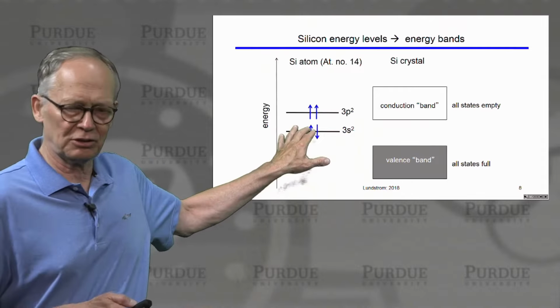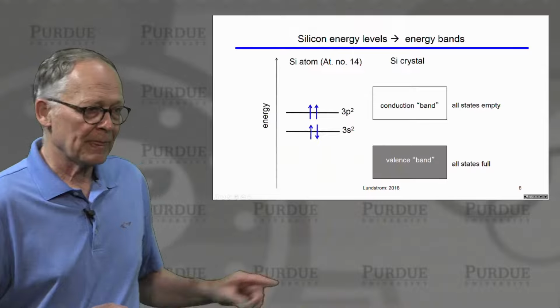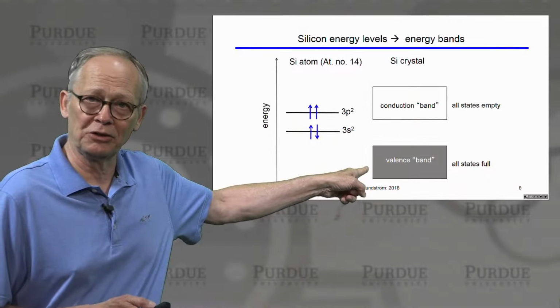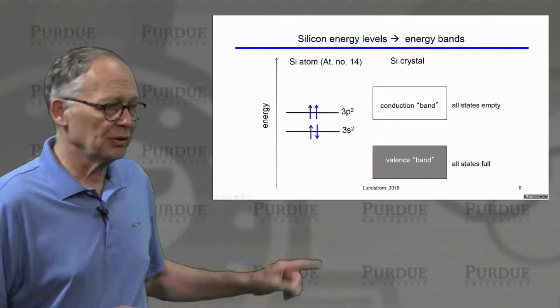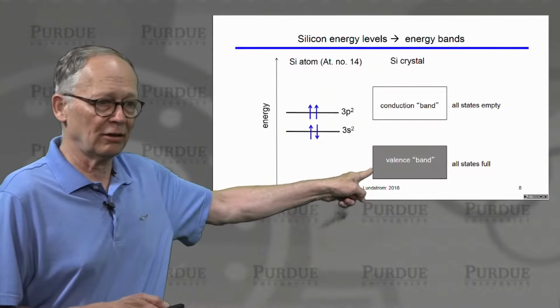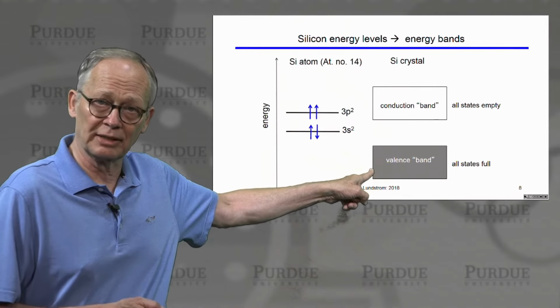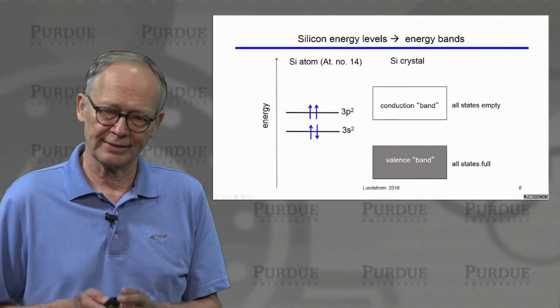Instead of remaining discrete, they spread out and change in energy. Half of the states lower in energy. This forms the bonds that hold the silicon lattice together. All of those states are filled with electrons. Those are the valence electrons that form the covalent bonds and hold the semiconductor lattice together.